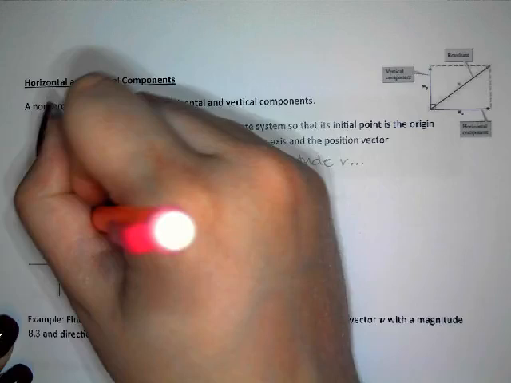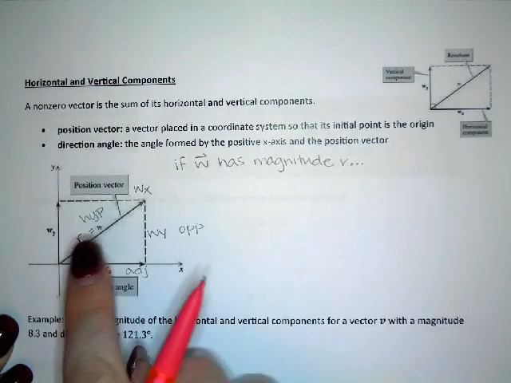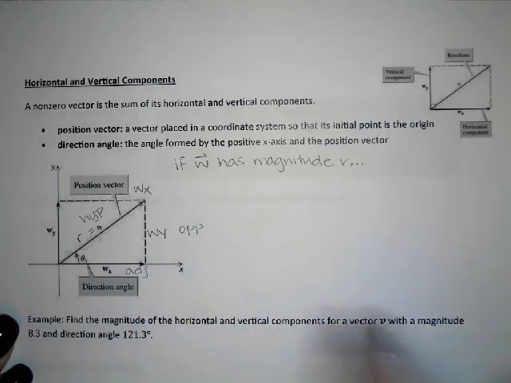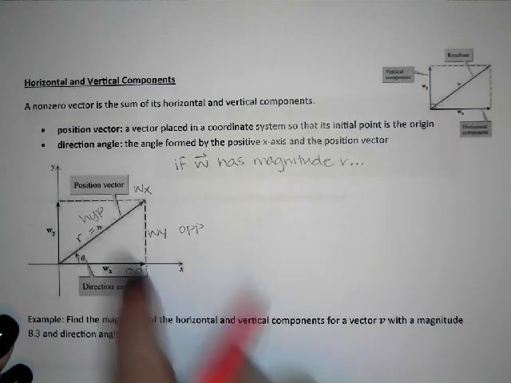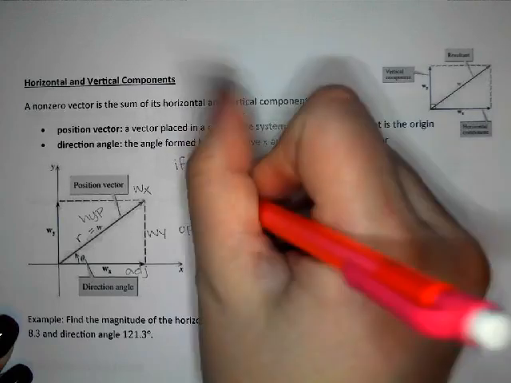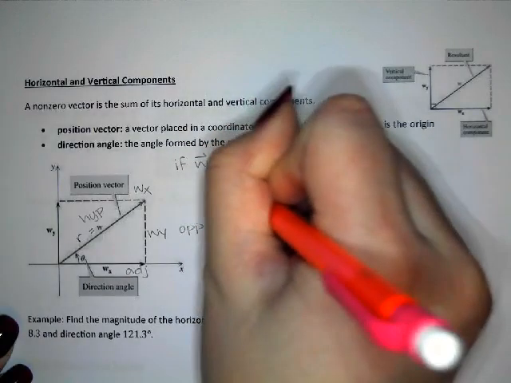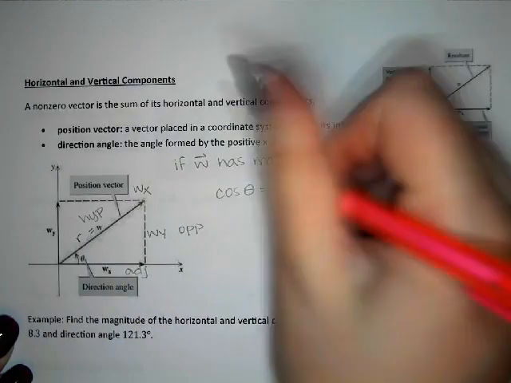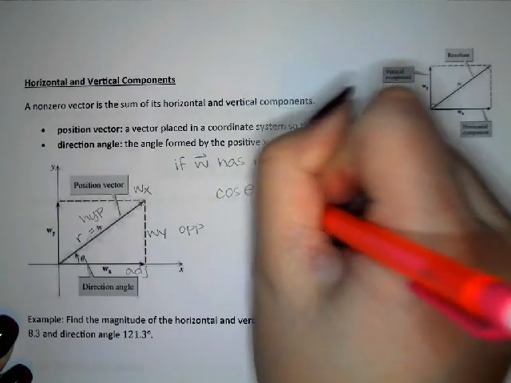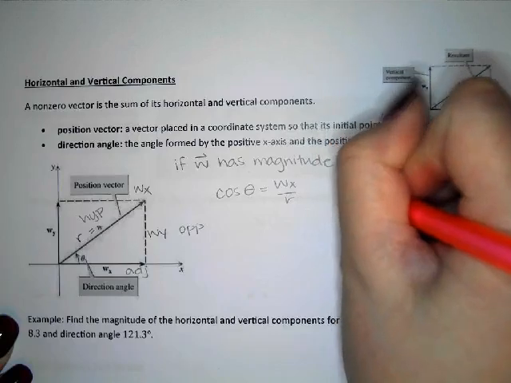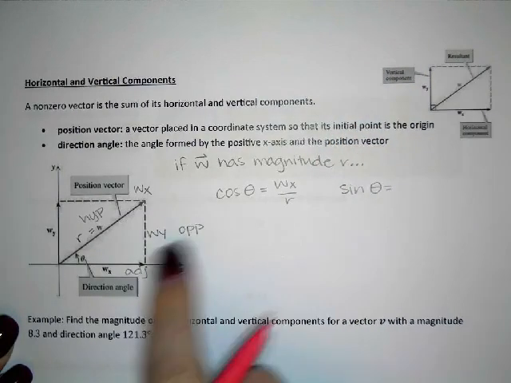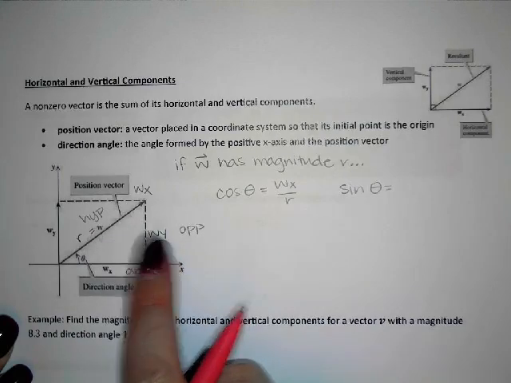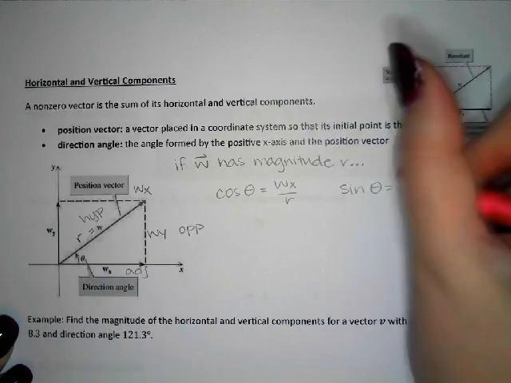A couple relationships I can see here is that cosine would be adjacent over hypotenuse, and so cos theta would be w sub x over r. Sine of theta would be opposite over hypotenuse, so it would be w sub y over r.